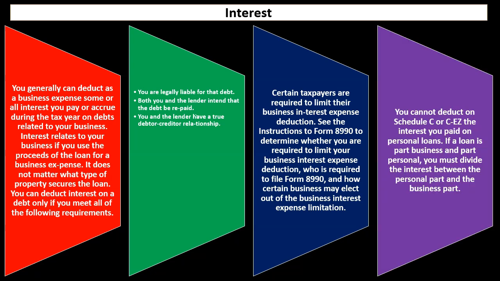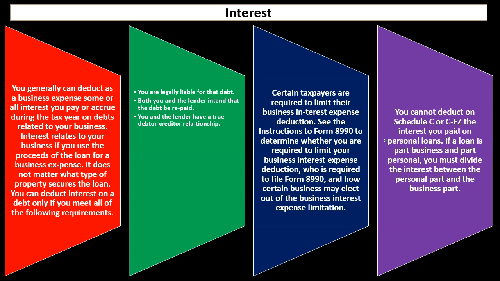You cannot deduct on Schedule C or C-EZ the interest you paid on personal loans. So remember, this is the general rule, right? If you have personal loans, that's a personal expense because you rented money to do personal stuff. But if you have business loans, then you would think that would be a business expense because you rented the money to do business-related stuff and you needed that in order to help you generate revenue. Therefore, the rent on it, the interest, you would think deductible.